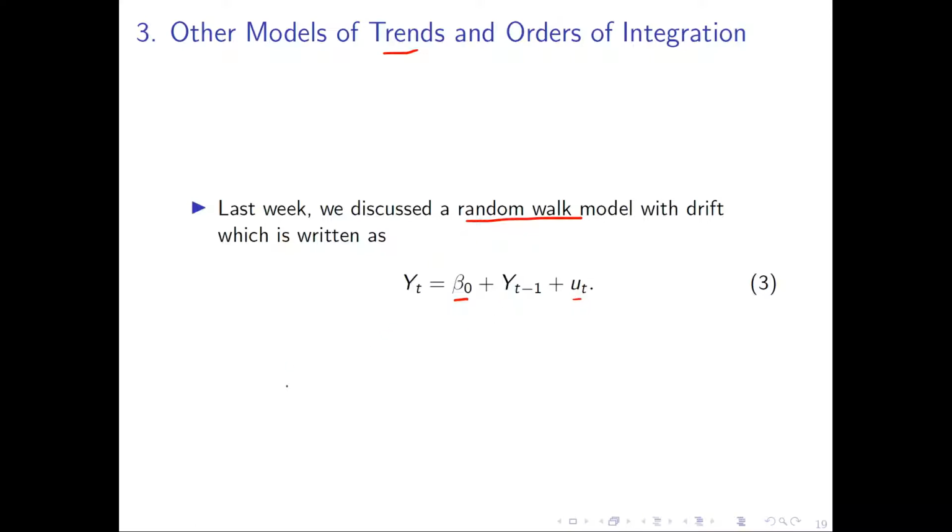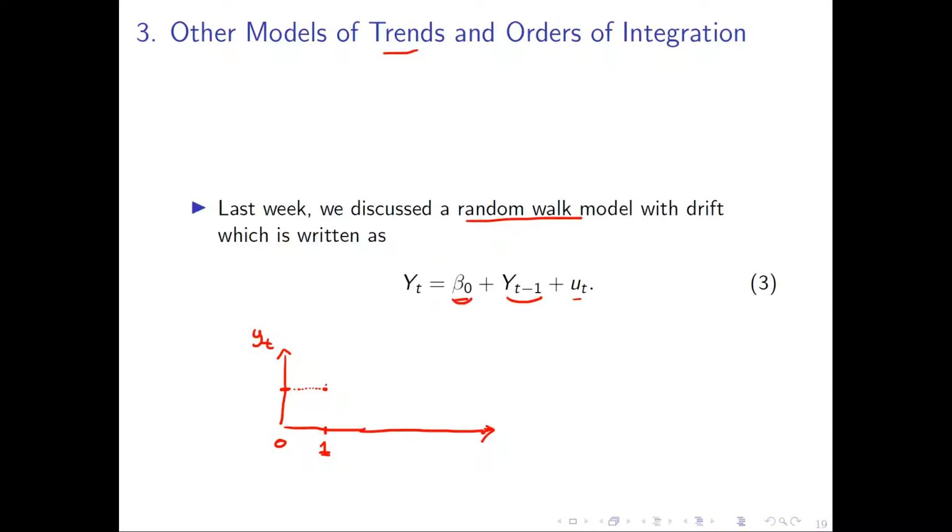What you can say about this process of yt is that if you start at one point here, and this is time 0, and you would like to know the value of the process at time 1, it would be the value from the previous time period, this number, plus the drift term.